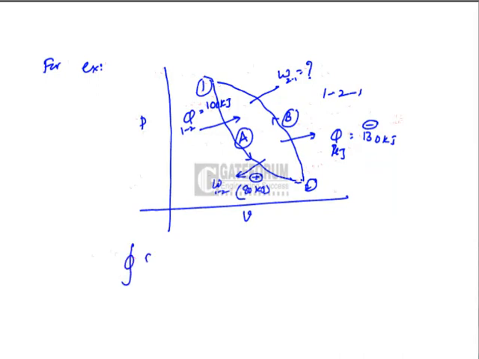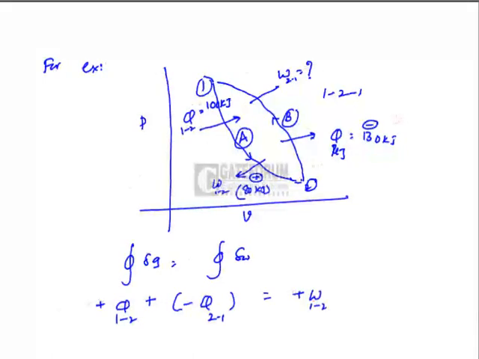First law says that cyclic integral of delta Q is cyclic integral of delta W. We have to add up all the heat transfers algebraically, that is plus Q1 to 2 plus of minus Q2 to 1 should be equal to the plus W1 to 2 because work is done by the system in the process 1 to 2 plus W2 to 1.